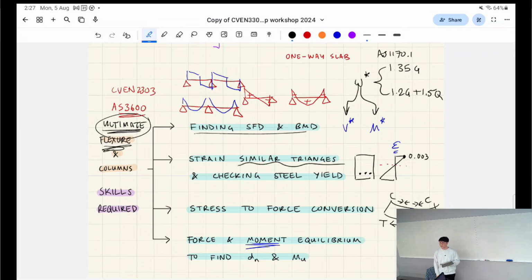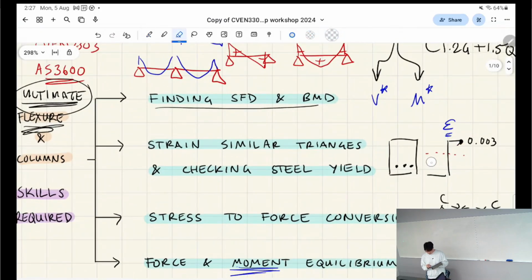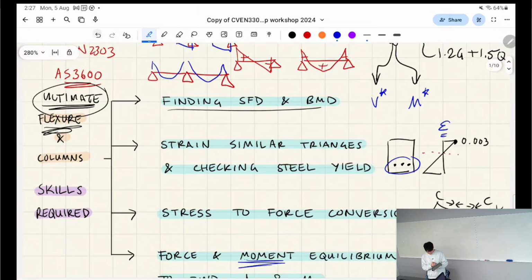Yeah. So similar triangles is something that you can apply in algebra or graphing, as soon as you have a graph which is a straight line. That's essentially what a strain graph is, a straight line. And so we can apply similar triangles to check for steel yield. Here I've drawn the tensile bars. This point here, we can call it epsilon, which is a strain.